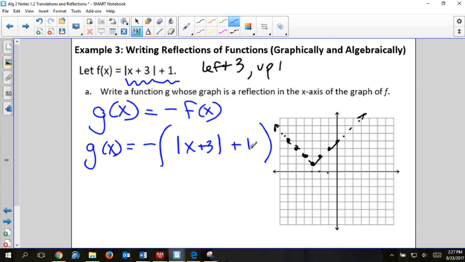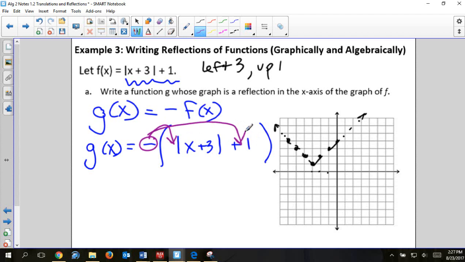We're going to do negative, parenthesis, the entire function. That parenthesis is important. So the negative sign is outside of the parenthesis. Why is that parenthesis so important? Because when we make everything negative, you have to make the absolute value negative, and you have to make the 1 negative. You have to make everything negative.